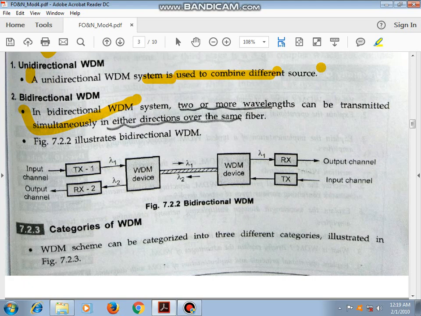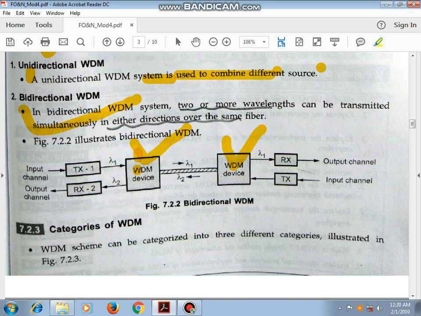Here in this diagram you can observe, you have a WDM multiplexer. This is the WDM device. At the receiver side also you have a WDM device. You can observe that this WDM device is supporting one transmitter and one receiver. This is also supporting another transmitter and receiver.